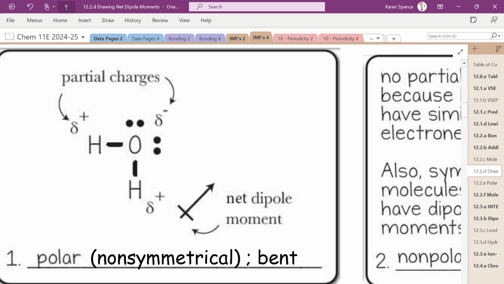There is a bond dipole. The bond dipole is that. And we have a bond dipole that does that.